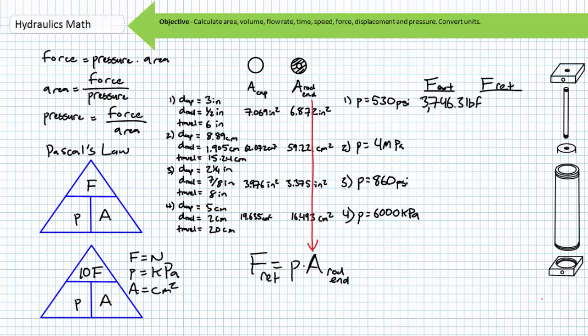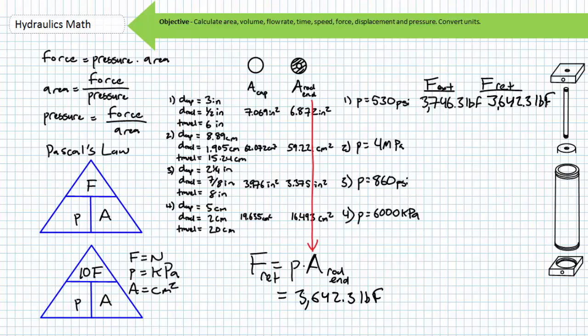The force of retraction is equal to the input pressure times the rod end area, not the rod, the ring-like area, the rod end. Substituting in the unrounded values, we found a retraction force of approximately 3,642.3 pounds force. Notice the output force while retracting is slightly less than that of extension given identical input pressures.